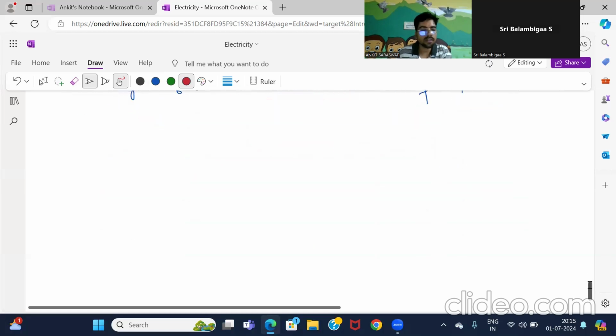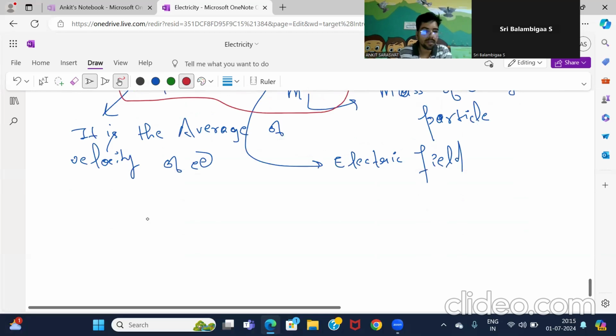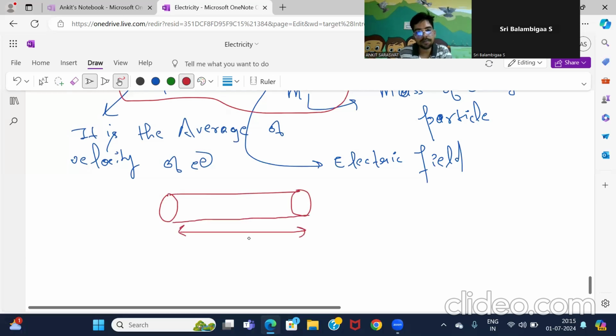So if I ask, for example, one question, if this is the wire and the length of this wire is L, and the electron, because of the potential drop, is going like this, because an electric field is there. I already told you, if there is an electric field there is a potential. Clear?